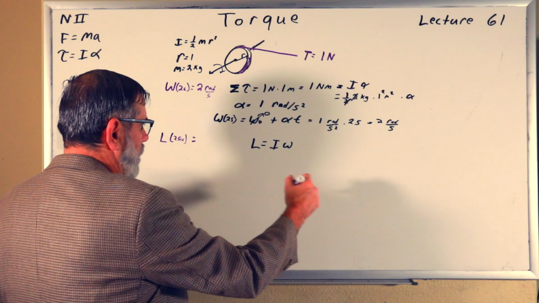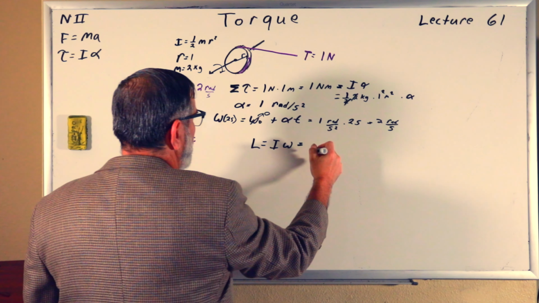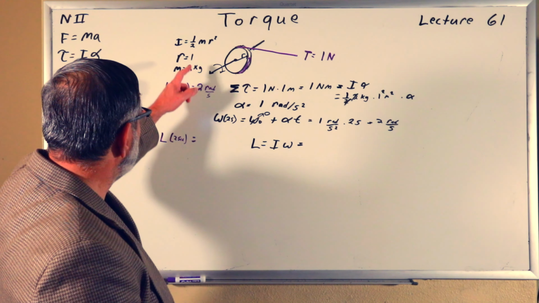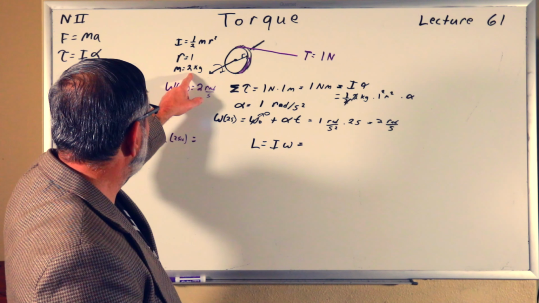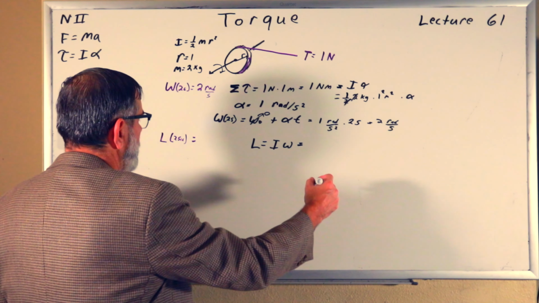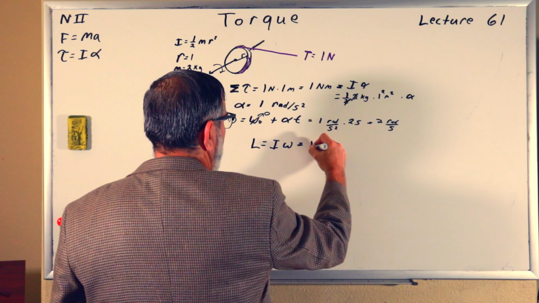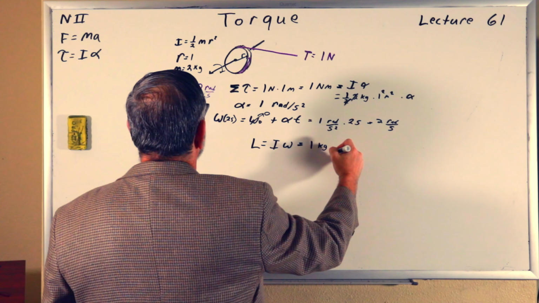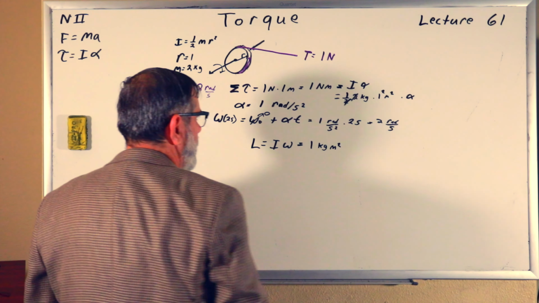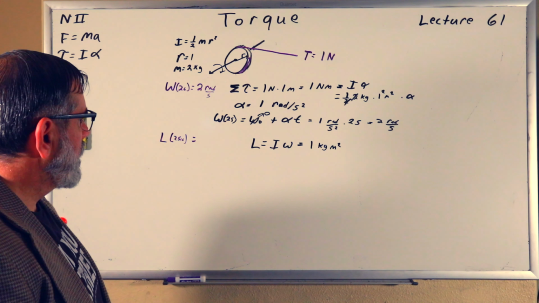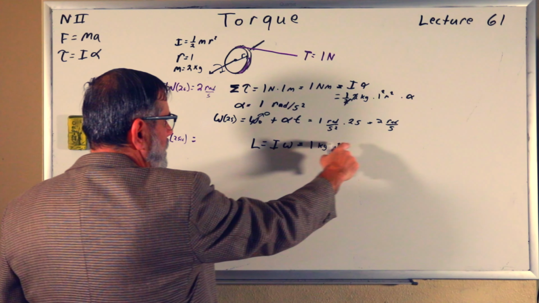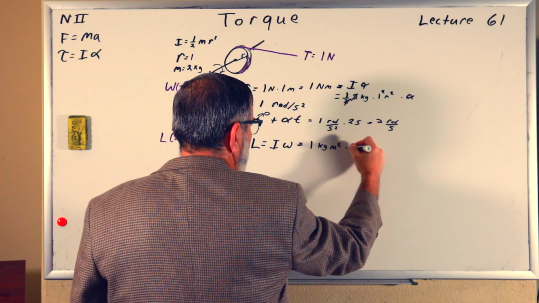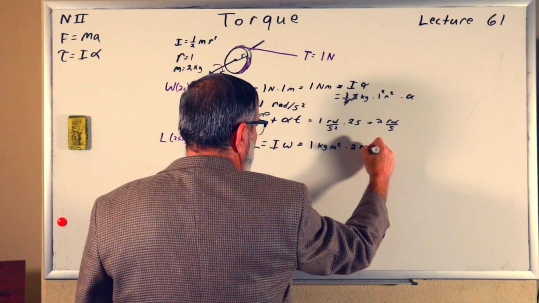Yes. And so all we need to do is substitute in for I, which I think we've already calculated before, but it's 1/2 times 2 kilograms times 1 squared, so that's just 1, because it's kilogram meters squared. Times omega, which we just calculated, which is 2 radians per second.